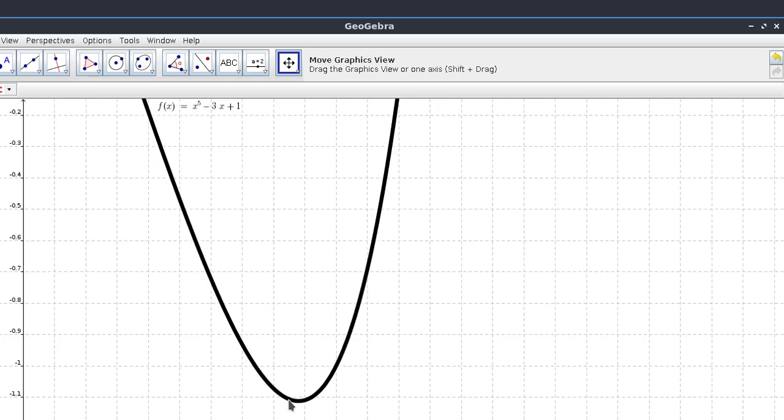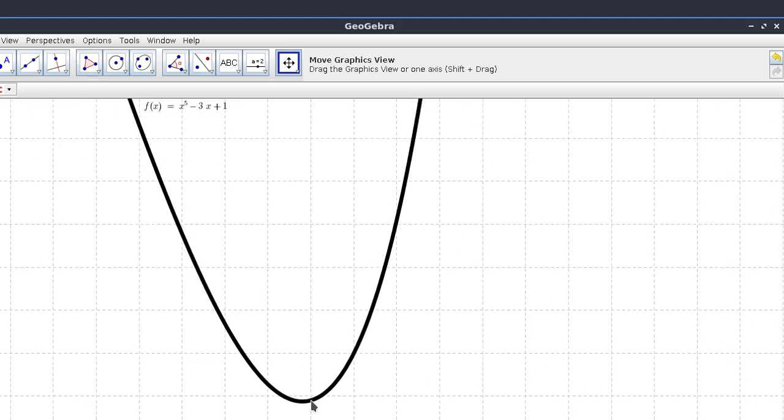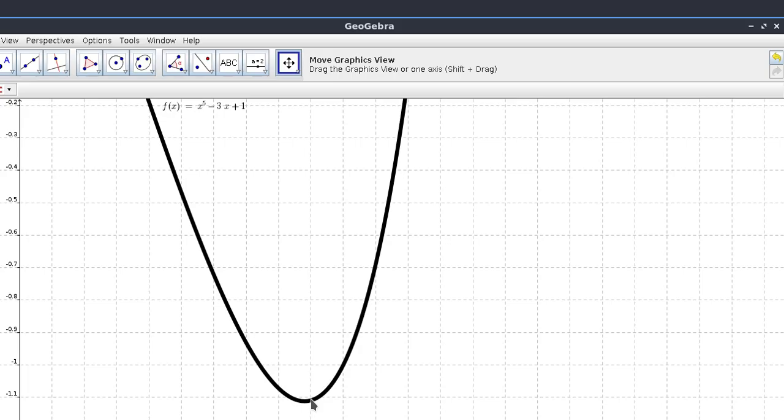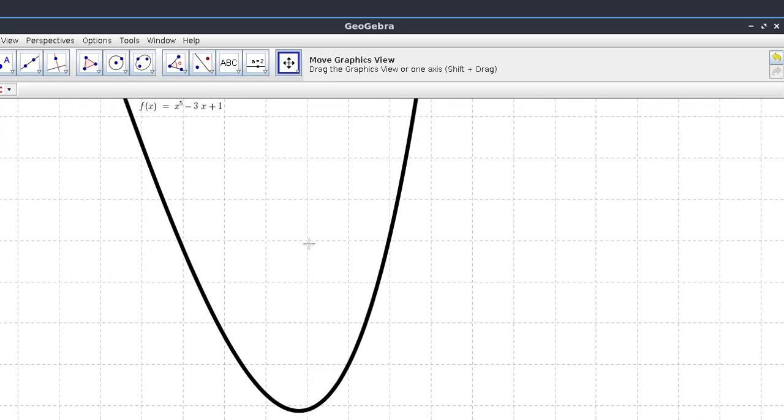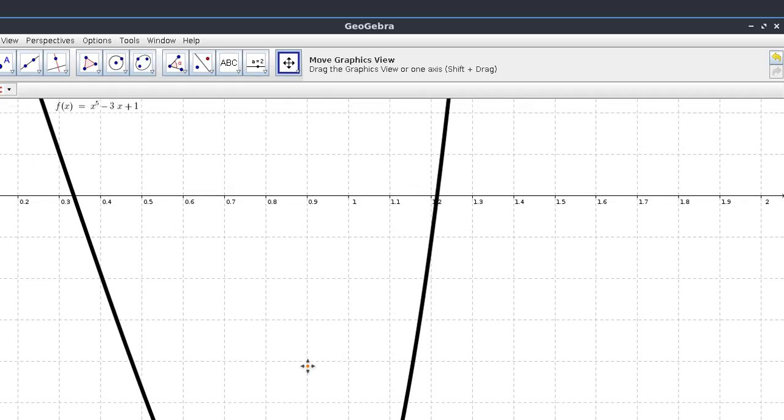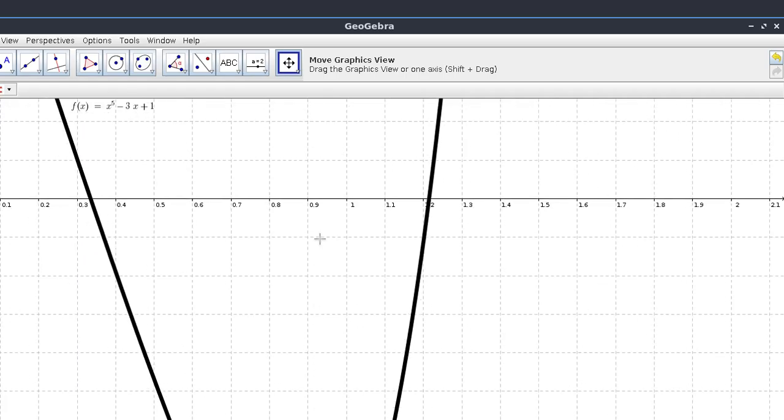What we want to do is use a value close to the real root, wherever it is. But let's use this value, 0.9.